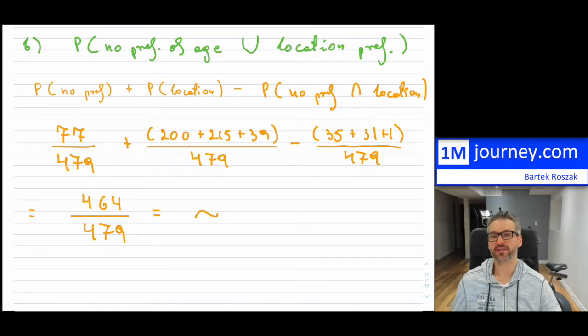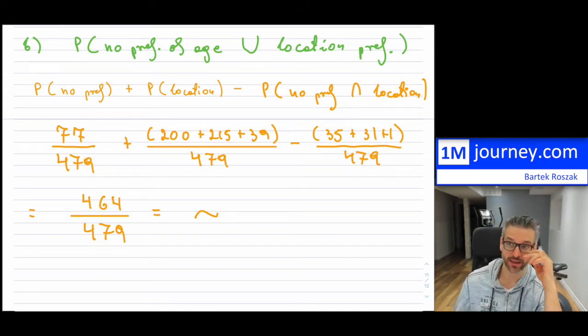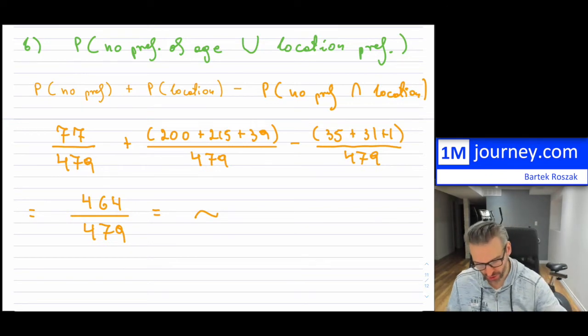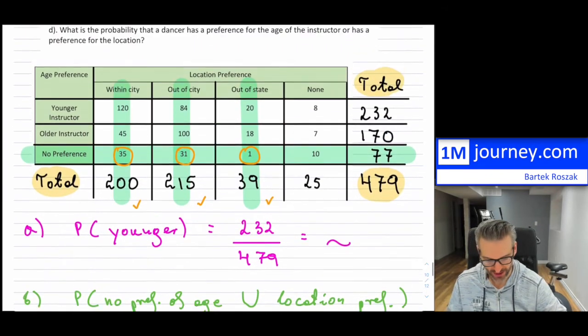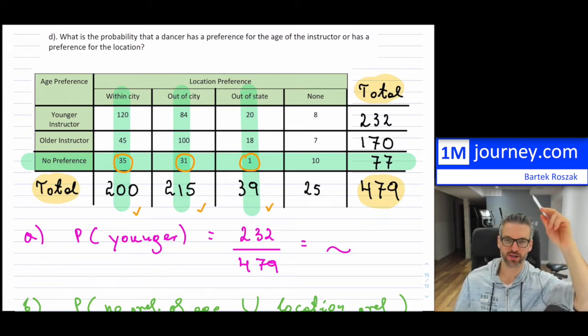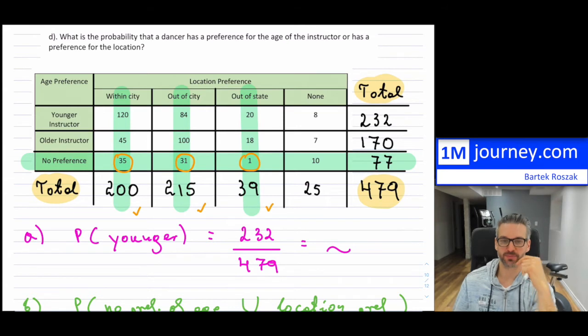Now here is another way of approaching exactly the same question, and that's using complements. You'll get the same answer. When you're crossing out your columns or your rows, notice what remains behind.